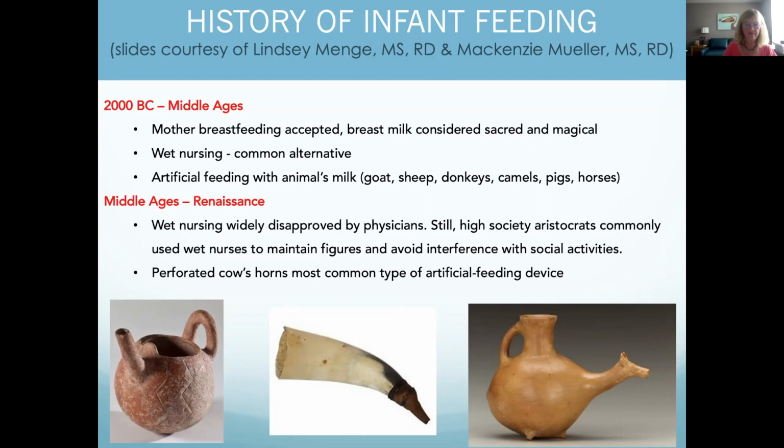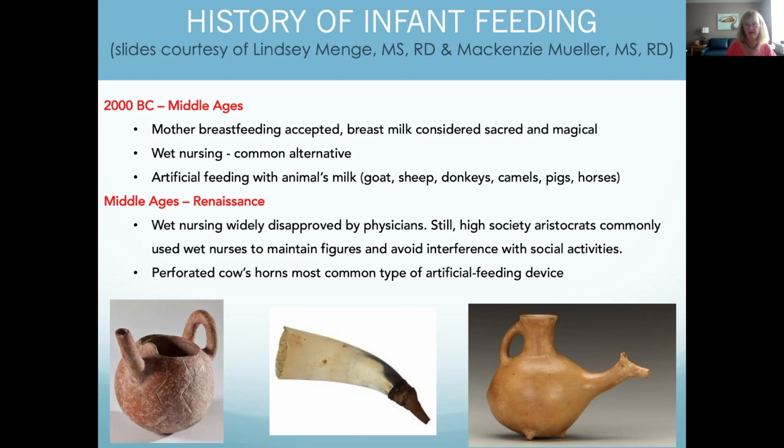It's not soft. Anybody else? It's not like controlled, like the release of the milk. Yeah, nursing on a nipple is really different from having something passive, and we'll talk about it.